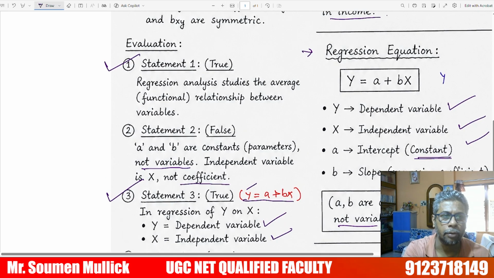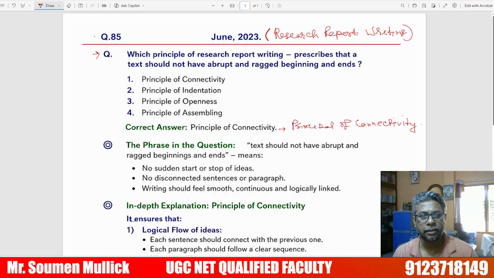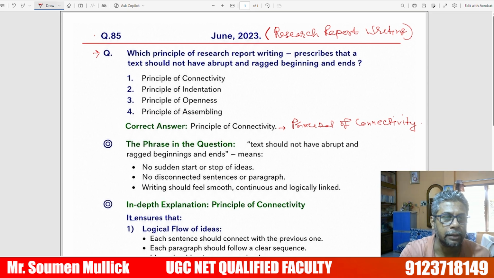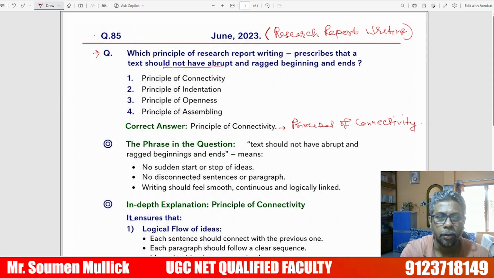Now we move on to our next question, question number 84, June 2023. This question is based on research reports. Which principle of research report writing prescribes that text should not have abrupt and ragged beginnings and ends?